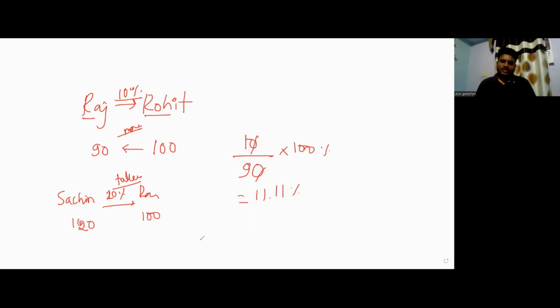So Sachin will come in the denominator, 120. And what is the difference? Difference is 20 into 100%. 0 and 0 will get cancelled. 2 ones are 2, 6. What is 1 by 6? 1 by 6 is 16.66%.